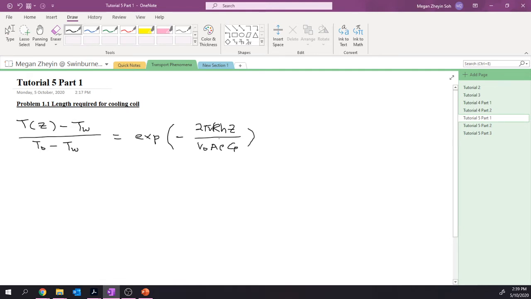Alright. Now, if we want to estimate the length, meaning to say we will have to calculate for z.